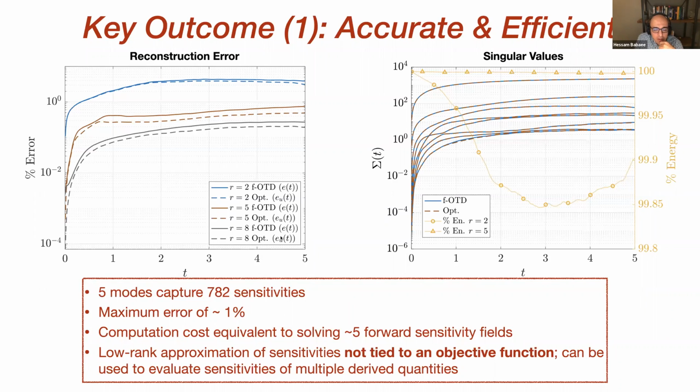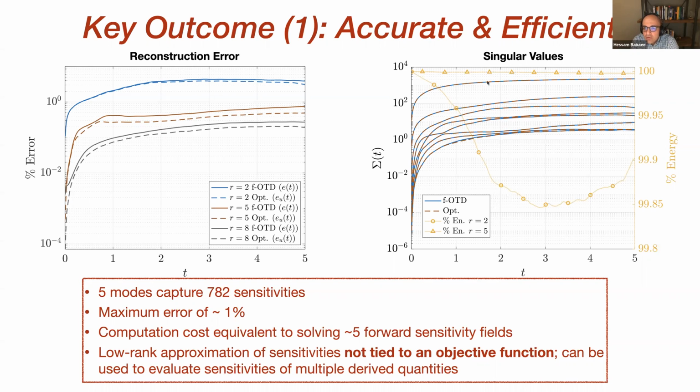And so as you can see, it captures that. But this also shows, this is instantaneous singular values, that this system is indeed low dimensional in this basis. And so this axis is the percentage of the energy captured, and this axis is singular values. So with 2 modes, we are at around 99.9% of the energy of all the sensitivities.